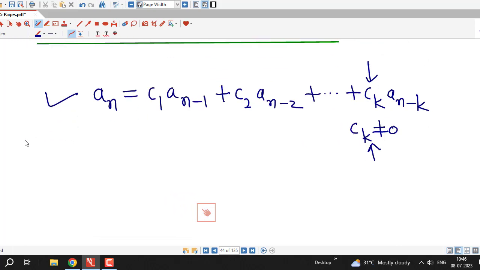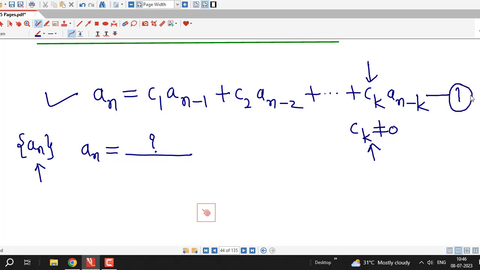Now the solution of this recurrence relation is the sequence an such that we have some formula for the nth term of the sequence, for which the sequence an is a solution of this recurrence relation given by number 1. So first we will assume that this recurrence relation has a solution in some particular form.